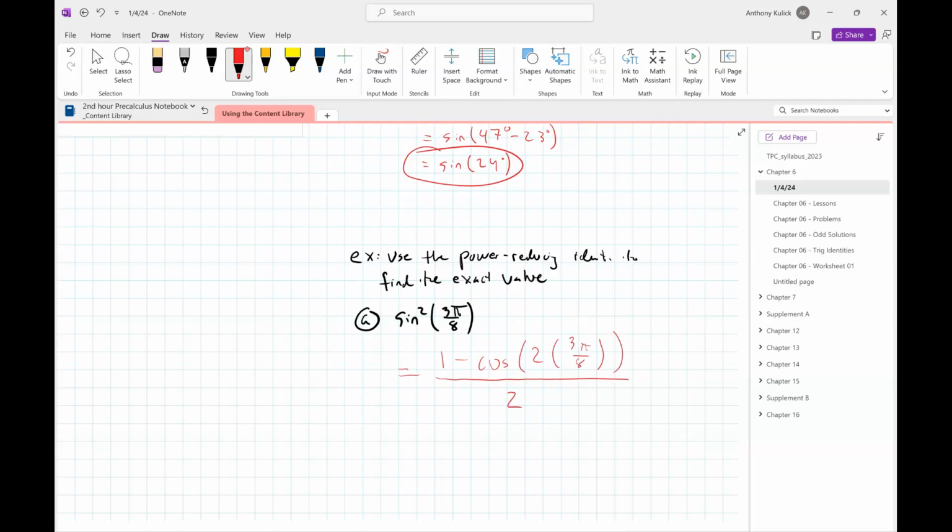So I have that. So far, so good? We're okay with how I plugged that in? That's the first part I want to do. What is 2 times 3 pi over 8? 6 pi over 8, or reduce this down to 3 pi over 4. So again, the way I would think about it is like reducing that way.